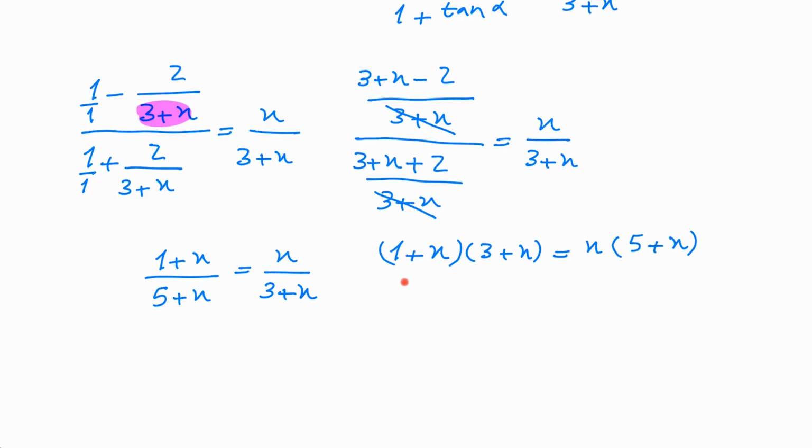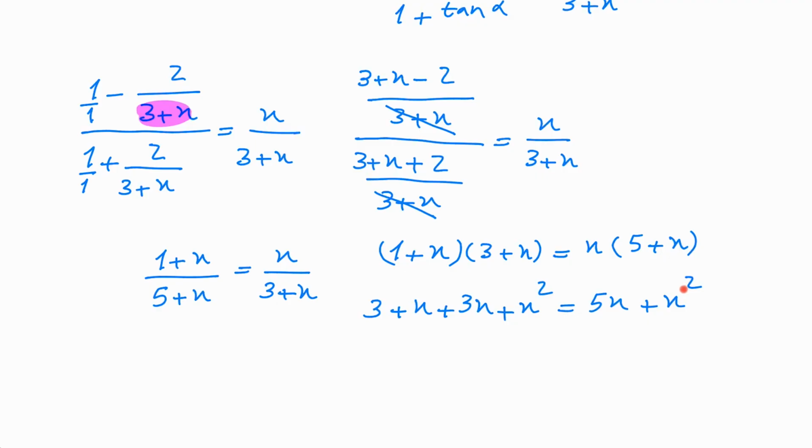So we will have 3, 1 times x is x, x times 3 is 3x, and x times x is x squared, is equal to x times 5, 5x, and also x times x is x squared.